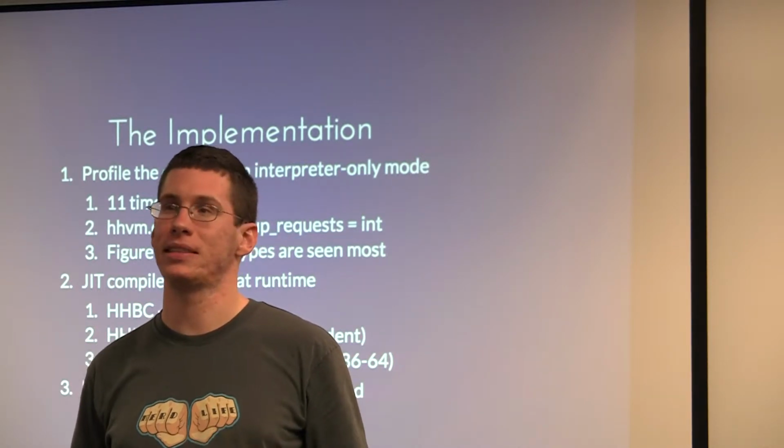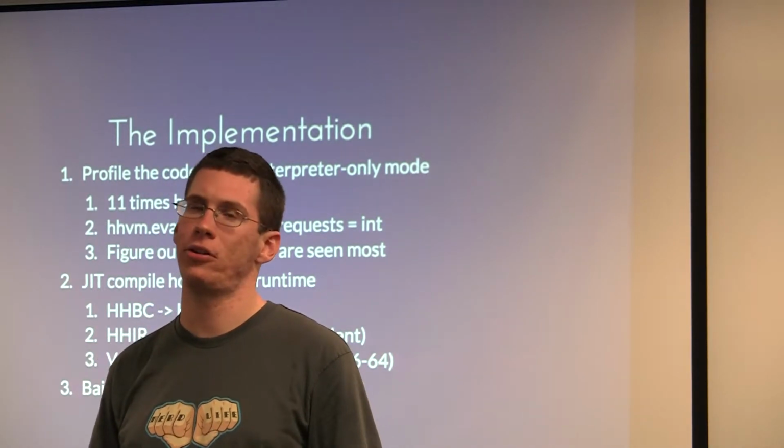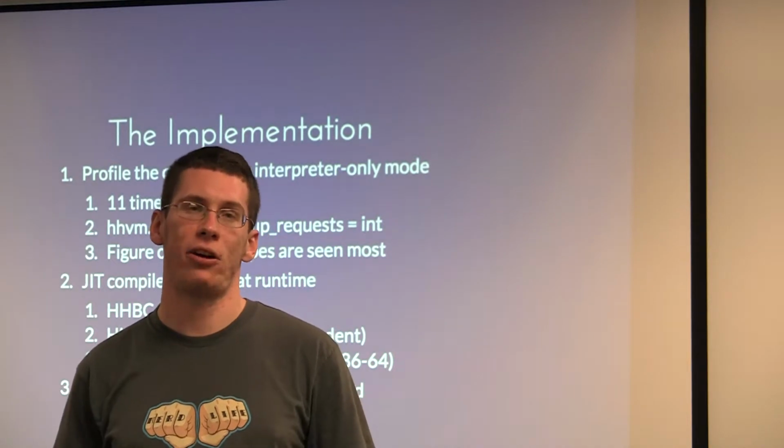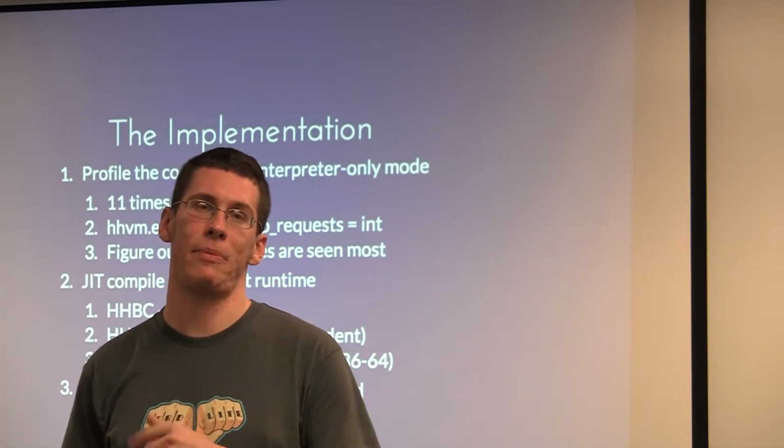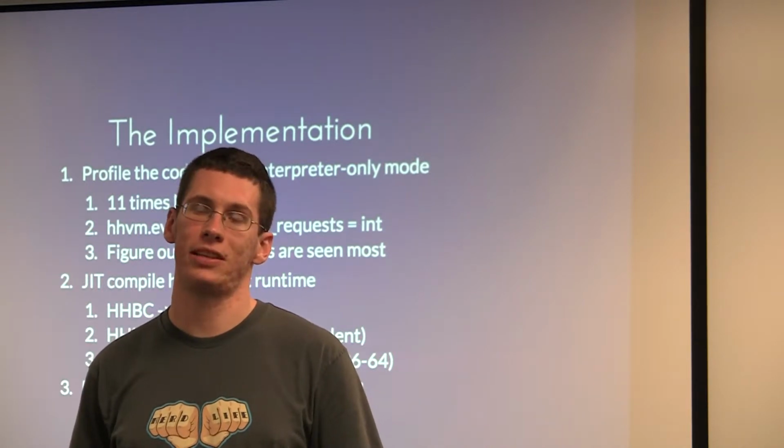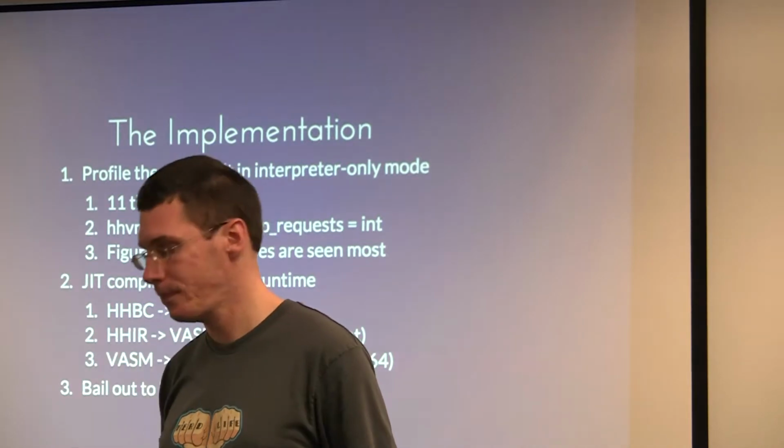And the pieces like the lexer, the parser, the bytecode compiler, the HHIR compiler, the VASM step, and then converting to actual machine-specific assembly language, that is all there. It's all written primarily in C++. Great. Thanks.